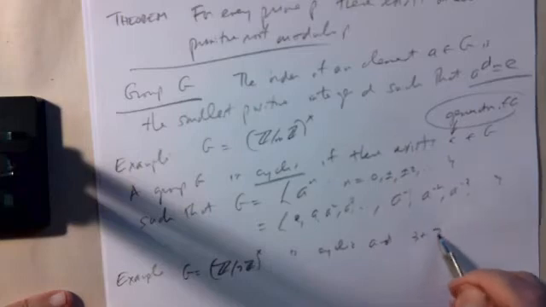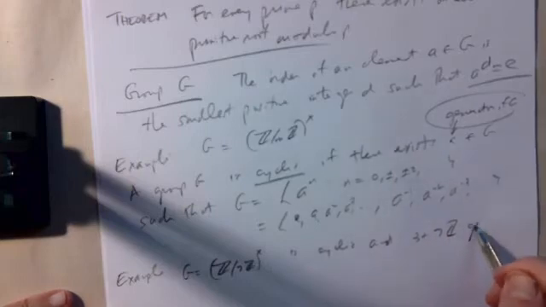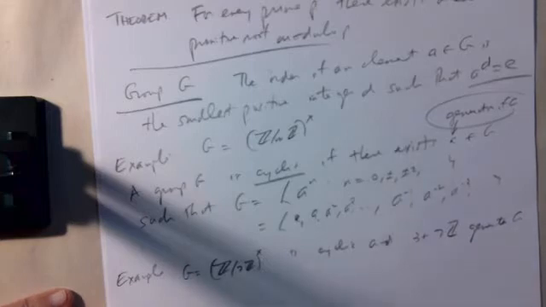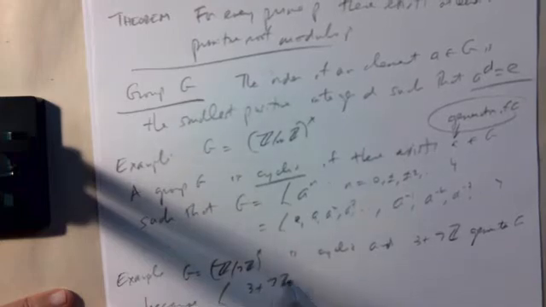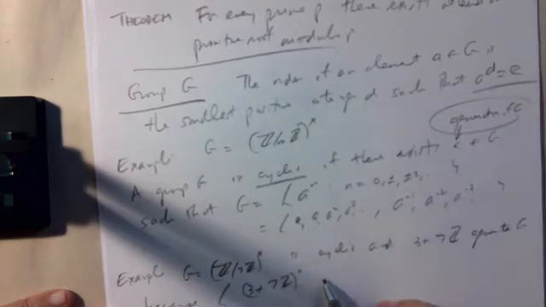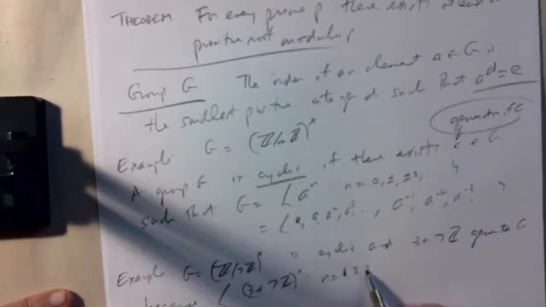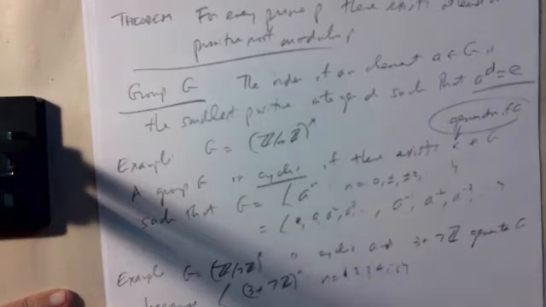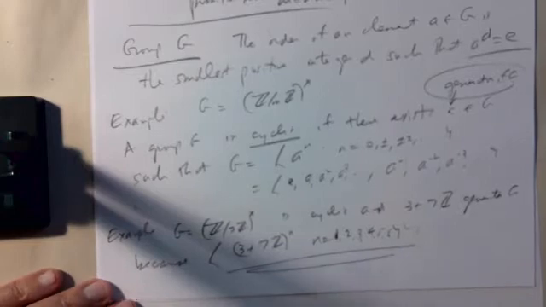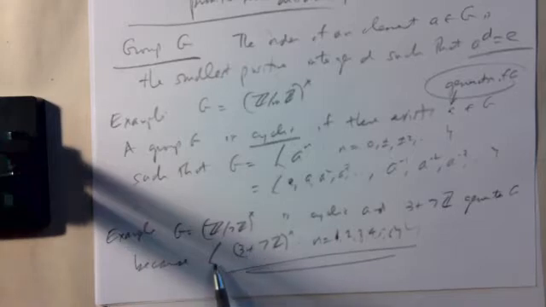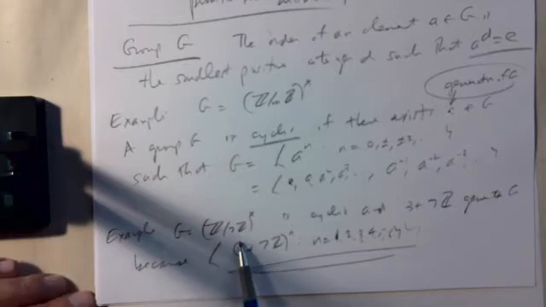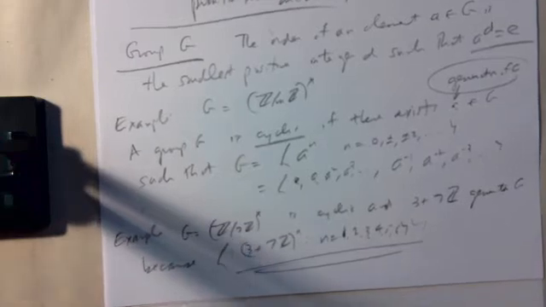And 3 plus 7Z generates G, because the set of powers of 3 plus 7Z gives 1, 2, 3, 4, 5, and 6. We saw that this gives you every congruence class mod 7. So a primitive root modulo m is a generator of the group of congruence classes relatively prime to m.